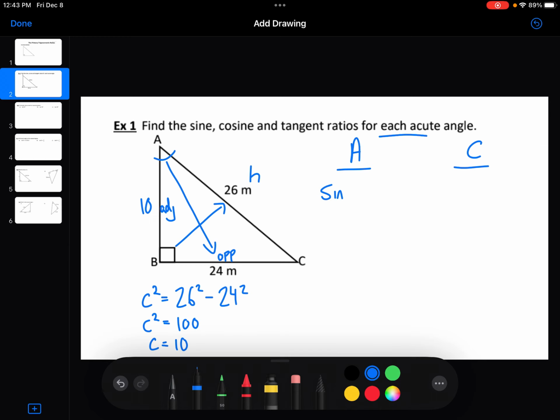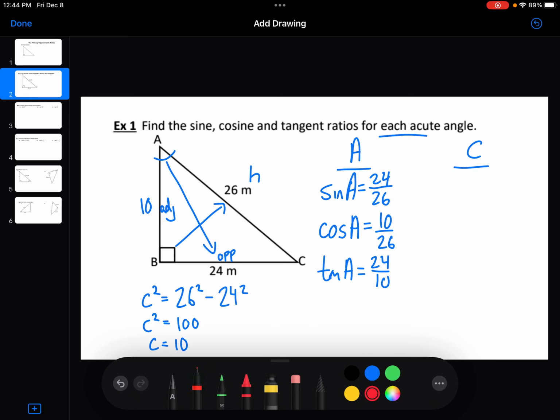Sine is opposite over hypotenuse, so sine of A is equal to 24 over 26. Cos of A, adjacent over hypotenuse, is 10 over 26. And then tan of A is opposite over adjacent, so 24 over 10.